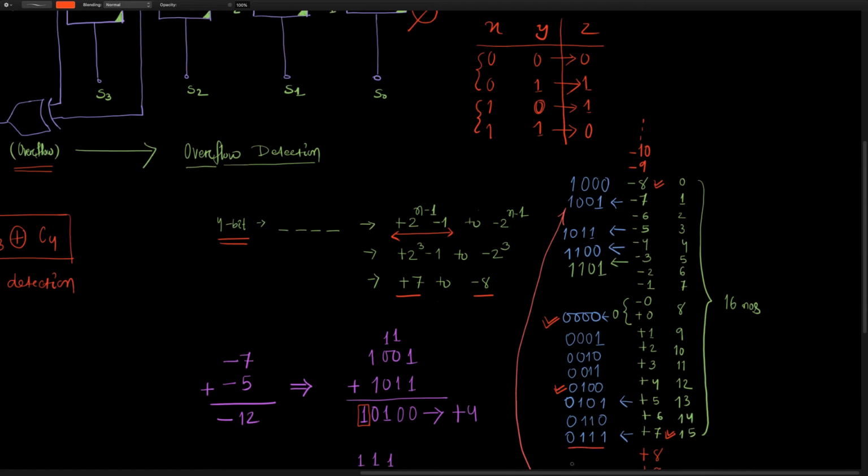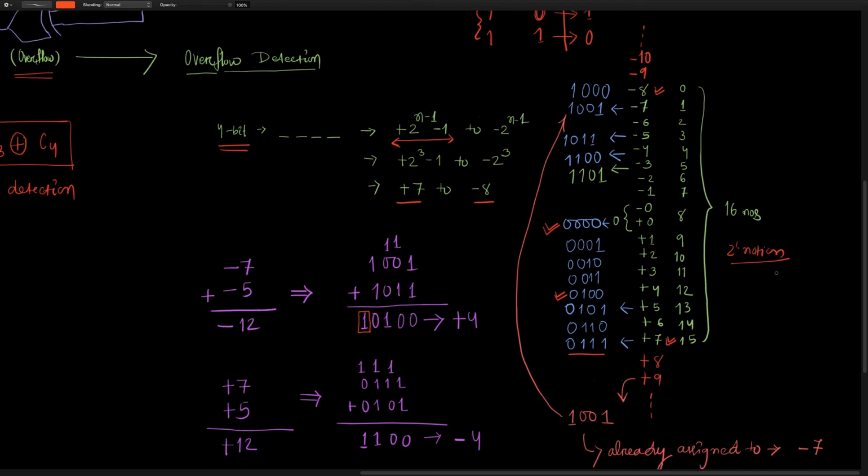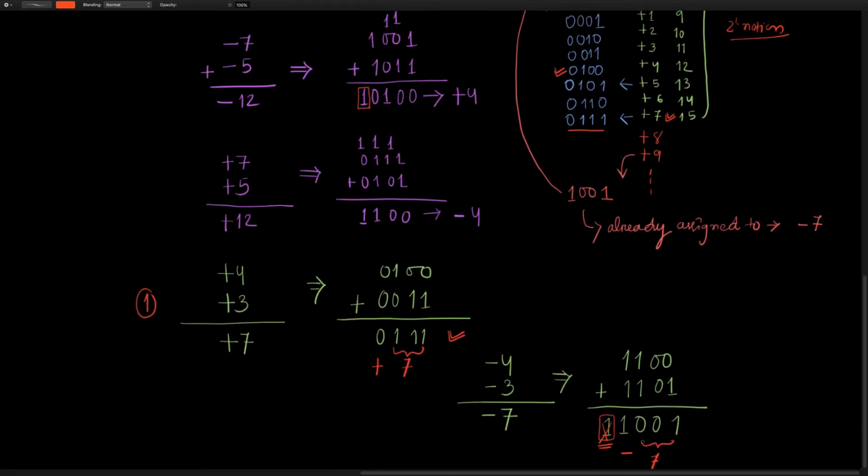You take the 2's complement of that and you get negative 7, because we are following the 2's complement notion. So there is no problem. In the addition you have the 4-bit registers S0, S1, S2 and S3, and a carry if you have any, but you discard it, and you get the answer. There is no issue with that.